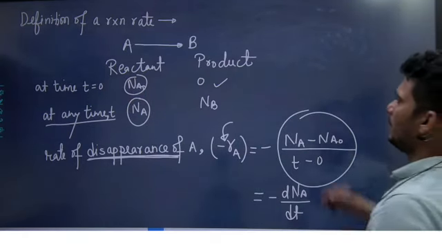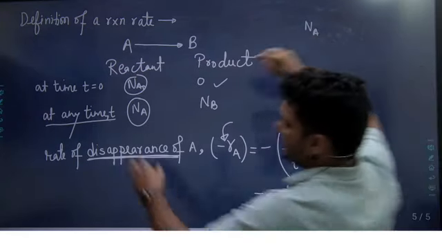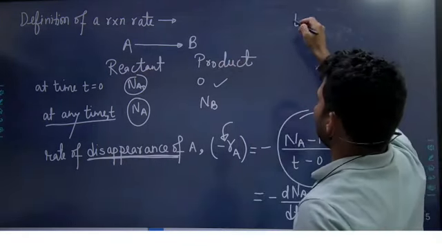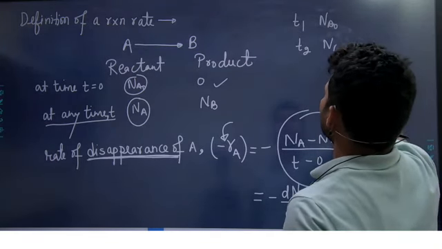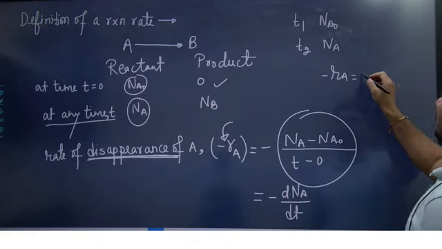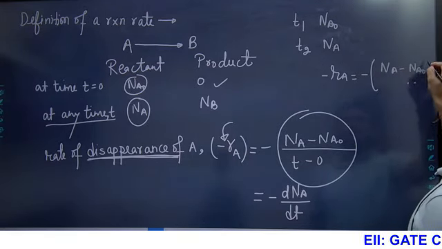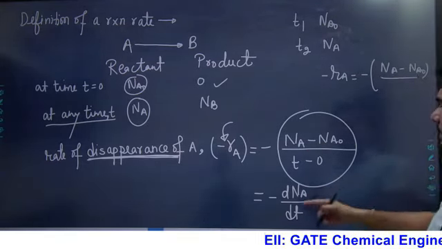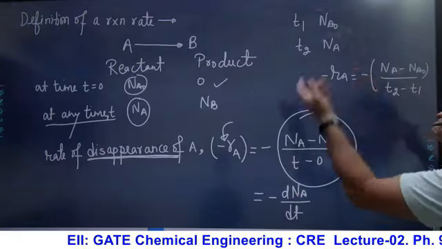Otherwise you can write it as final moles, or suppose these are the moles at time T1, Na naught, and at time T2, Na. So you will write the rate of disappearance of A as minus, Na minus Na naught, divided by T2 minus T1, final time minus initial time.